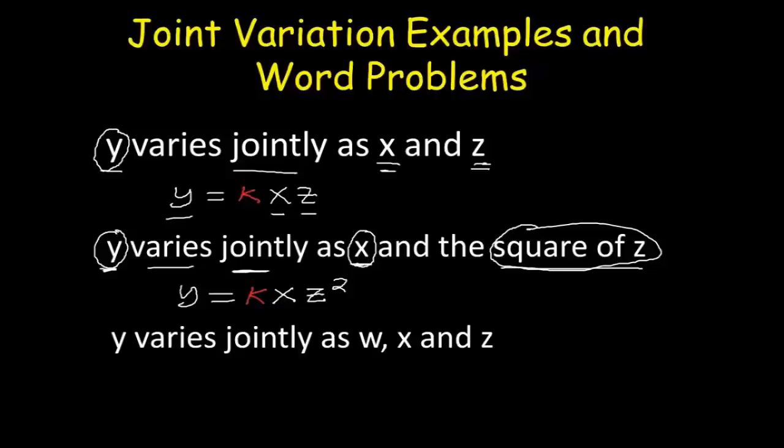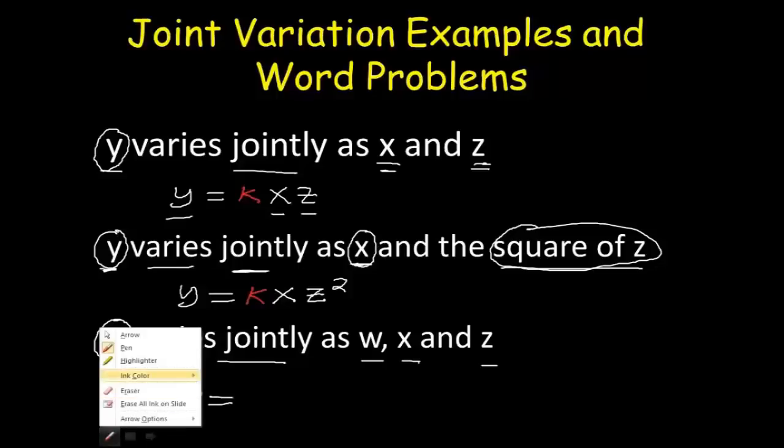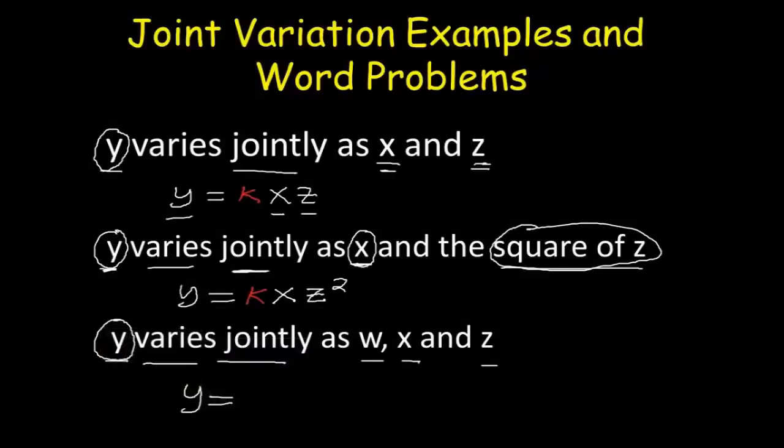Our third example: y varies jointly as w, x, and z. Here y is the variable that varies, so it will be on the left side, equals, again, do not forget the constant of variation, that is letter k.